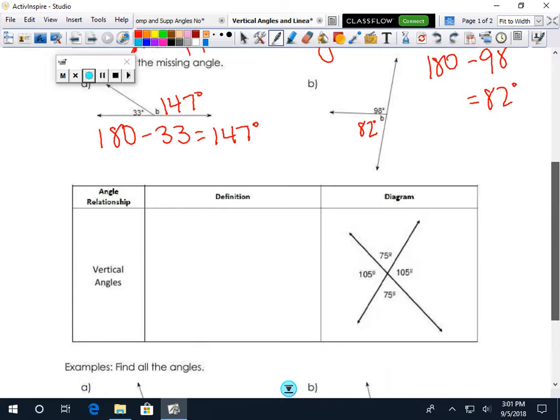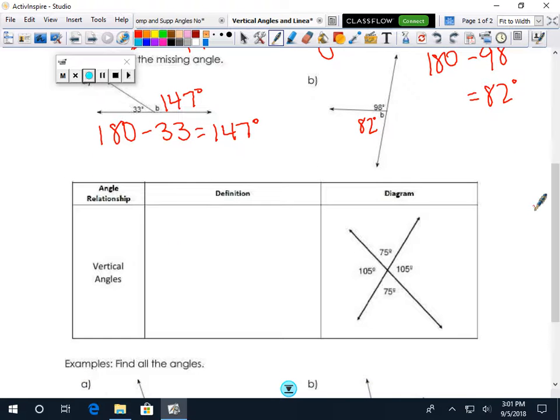So now talking about vertical angles. The definition for vertical angles is angles opposite of each other when two lines intersect.